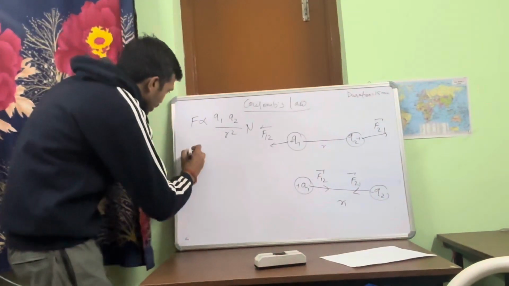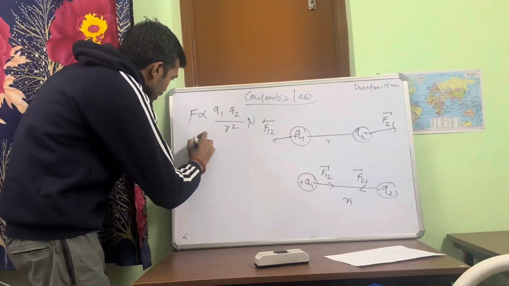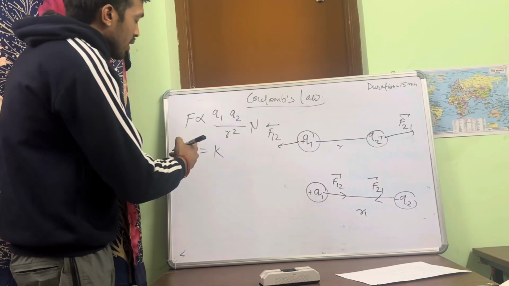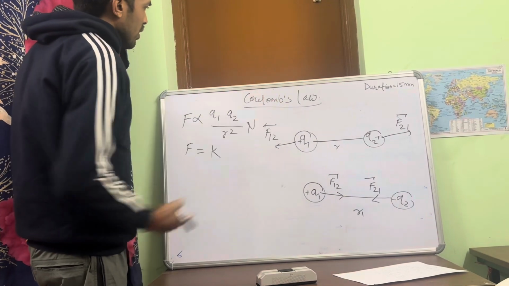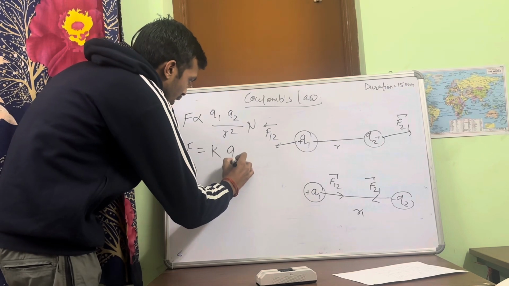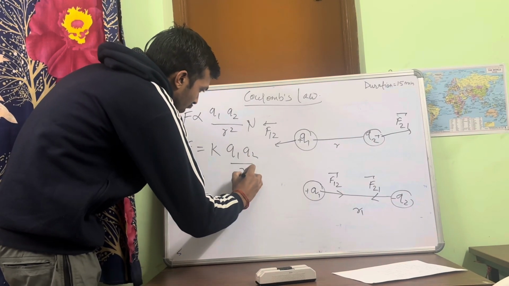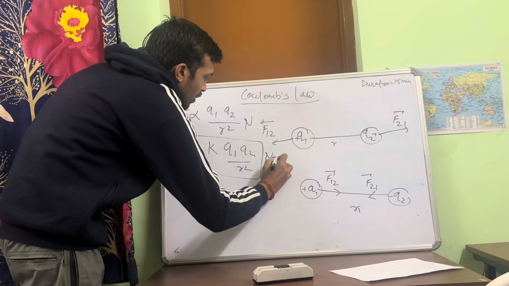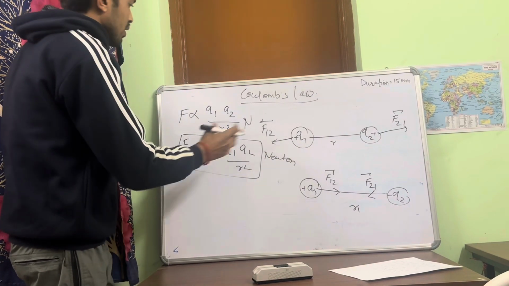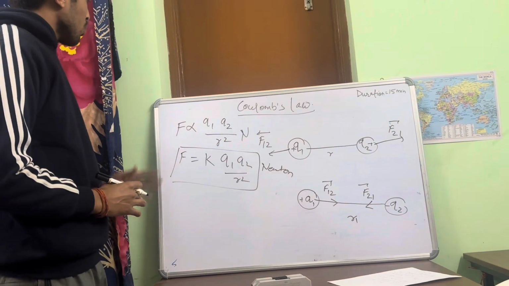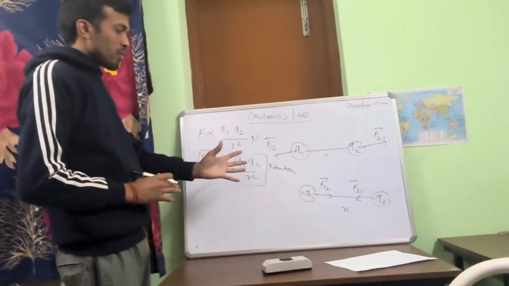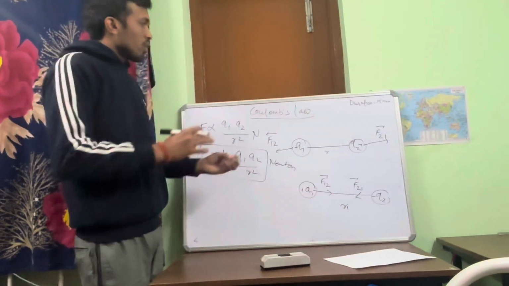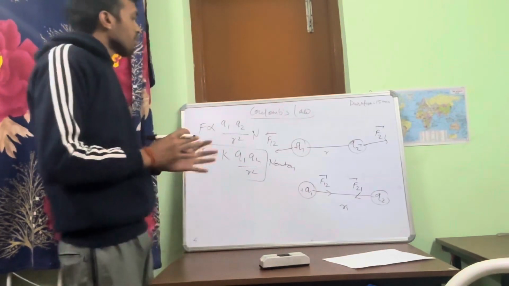If we replace the proportionality sign by an equality sign, then there is a constant, called the Coulomb's constant. The unit is Newton. So this is the mathematical form of Coulomb's law, by which we can explain the force on two point charges.